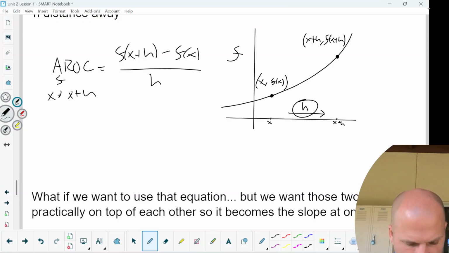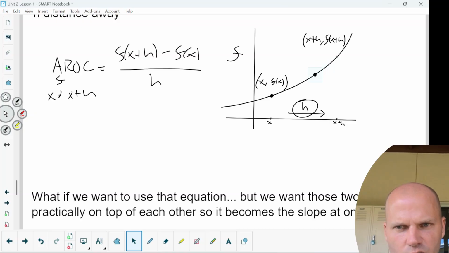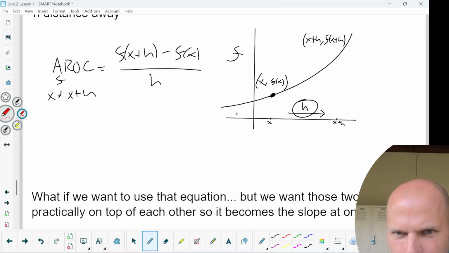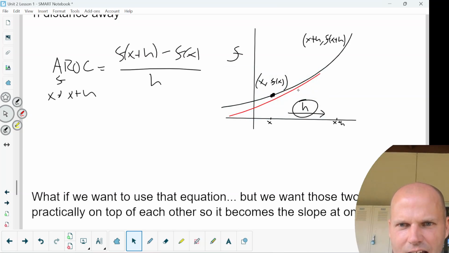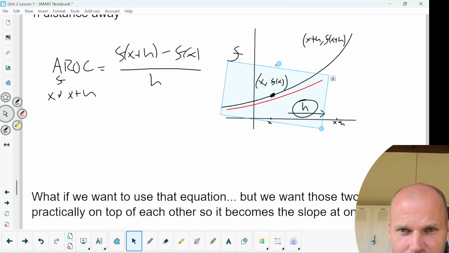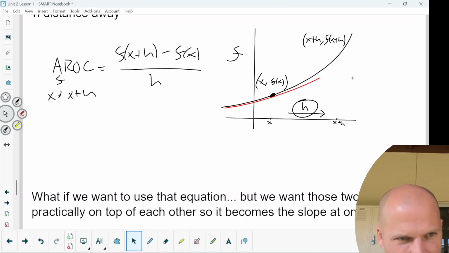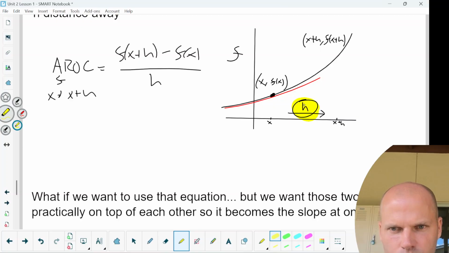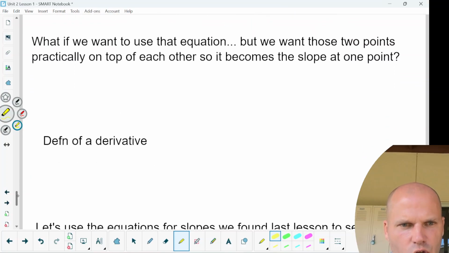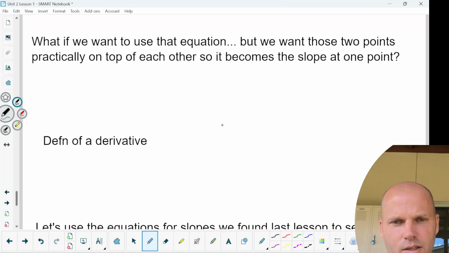I want this point here to go really close to this point there, so that I create a line that can be connected and extended that would look like a tangent line, which theoretically we thought about. What happens to h? Well, h will get smaller and smaller so that it becomes a point, or so that it gets close to zero.